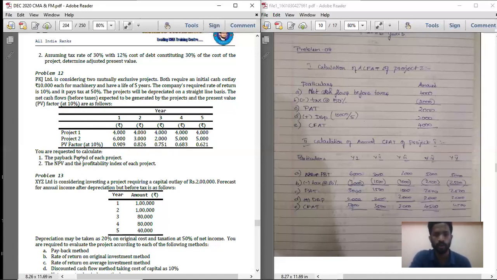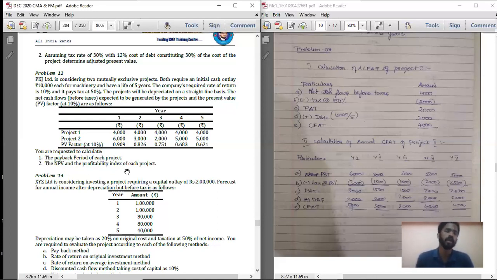From this, you are required to calculate the payback period of each project. How can you find the payback period? Initial investment divided by annual CFAT. If annual CFAT is different every year, then you should find the cumulative CFAT and find the payback period. Second, they have asked us to calculate NPV and the profitability index.